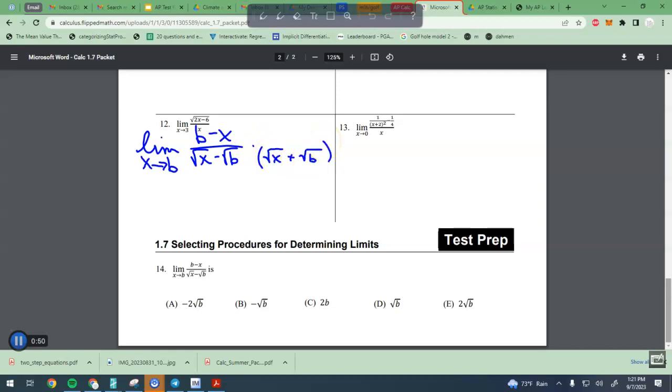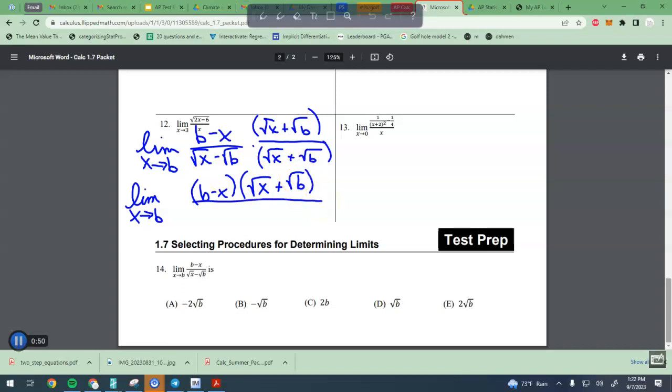I don't care that you know what the word is, but the a minus b, you multiply by the a plus b. And then on top, remember, don't simplify. Don't put those together, because if you do this right, this is going to cancel. And then on the bottom, remember a minus b times a plus b is a squared minus b squared.